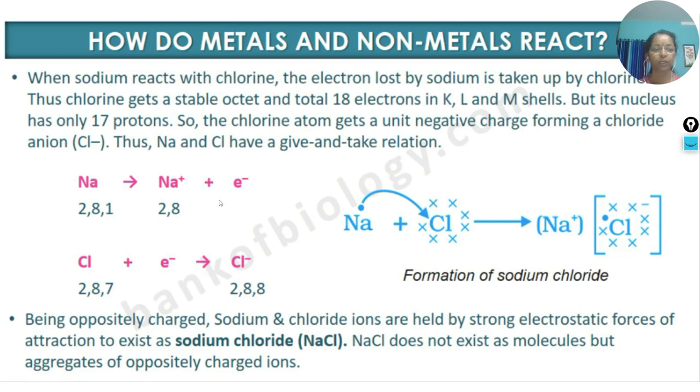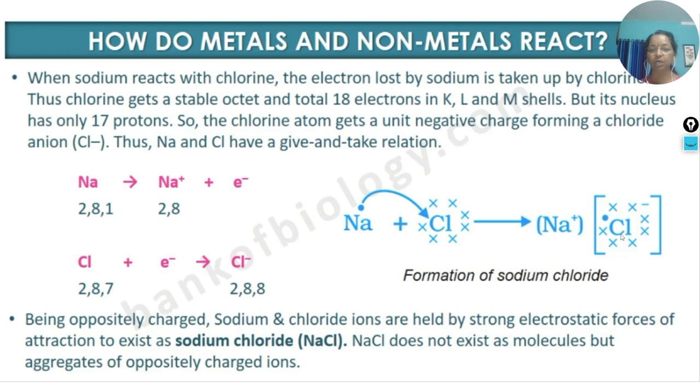Okay, so Na is becoming Na plus, Cl is becoming Cl minus, both with the electronic configuration of noble gases. And once Na plus and Cl minus form, they attract each other and form a sodium chloride molecule. Okay, so sodium is gaining a positive charge, whereas chlorine is gaining a negative charge, right?